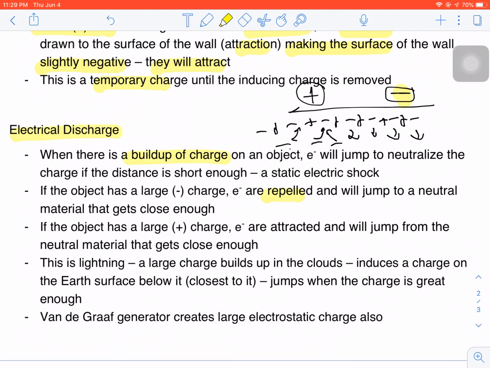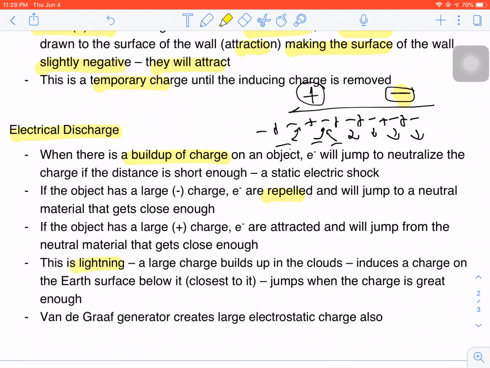What happened? There was a buildup of electric charge, probably on me from walking across the carpet with my socks on. I end up with some friction, which created a charge on me, and as I reach for the door handle, it wants to leave me and go into something else that will accept the charge, which is that door handle. So that's electrical discharge.